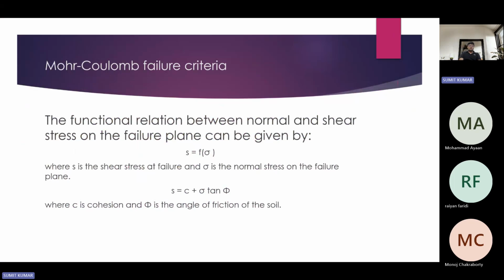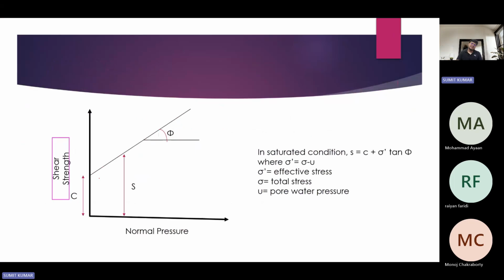Now talking about the Mohr-Coulomb failure criteria, the functional relation between the normal and shear stress on the failure plane can be given as a function of sigma, and it was mentioned earlier in this class that S is nothing but C plus sigma tan phi, where C is the cohesion and phi is the angle of internal friction. Now you see this figure in which the shear strength value is presented on the y-axis while the normal pressure is on the x-axis.